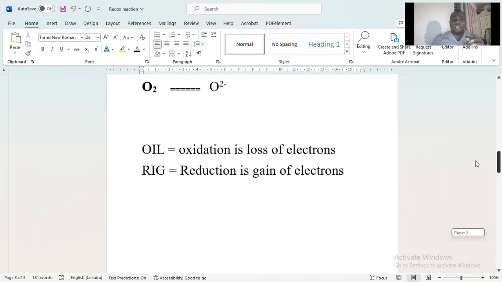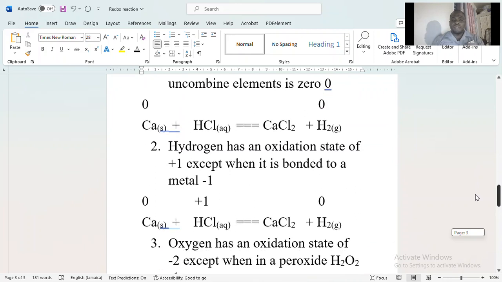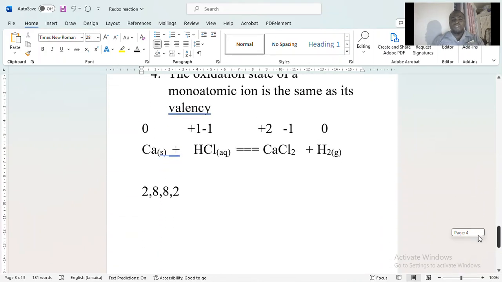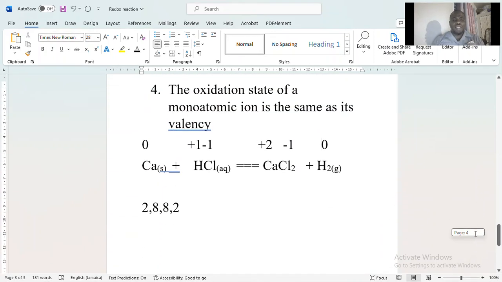We say OIL RIG. Oxidation is the loss of electrons. And so right away as a student, you're able to make the link that the calcium is being oxidized, because it is losing 2 electrons.